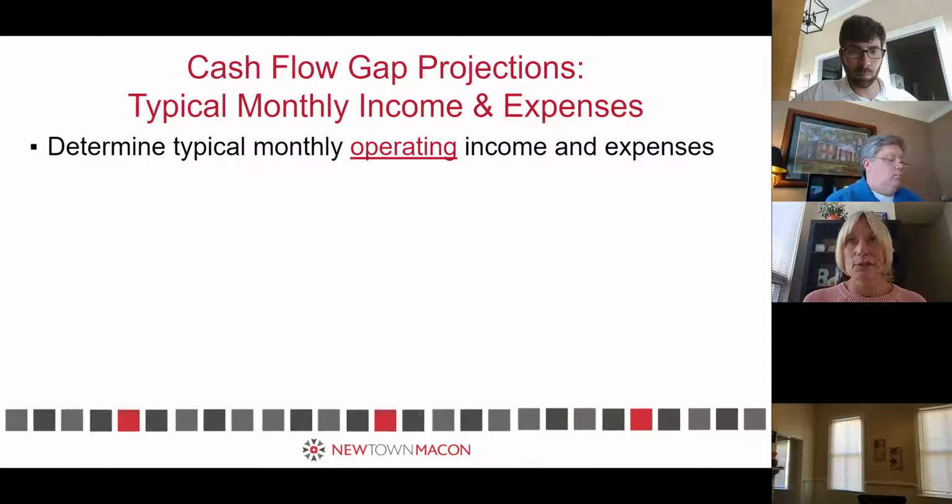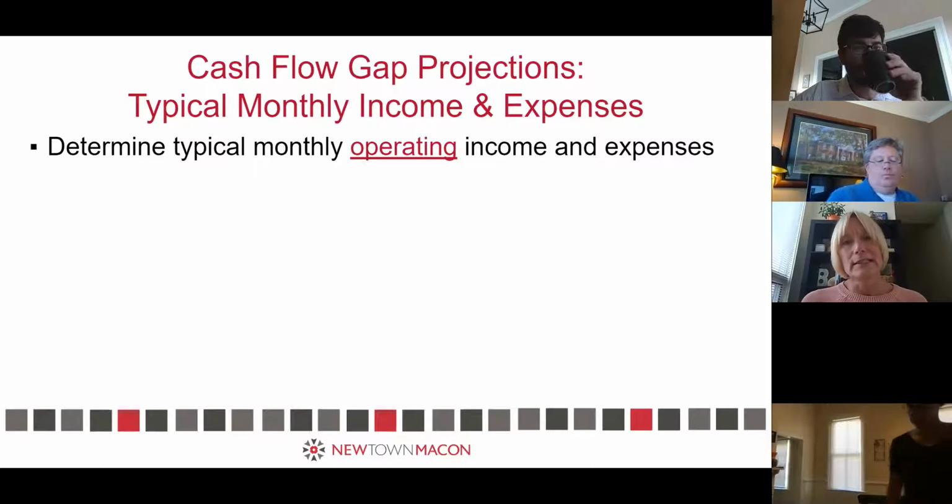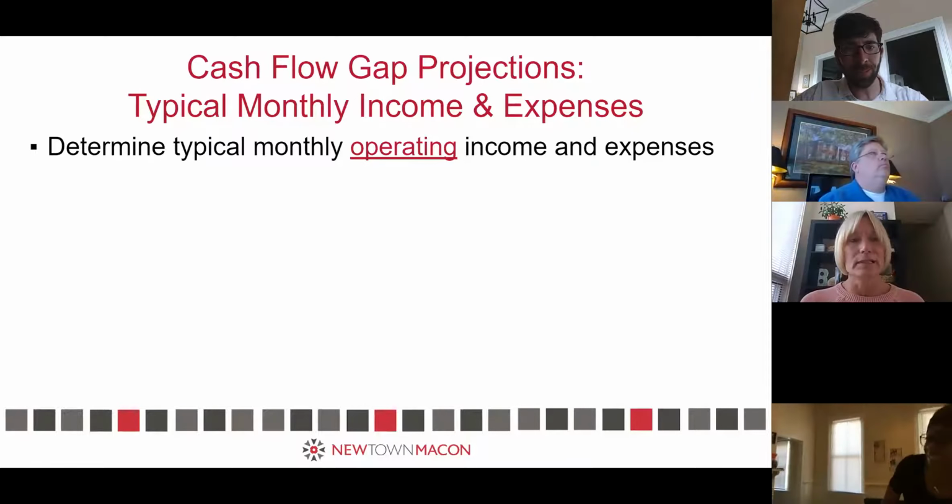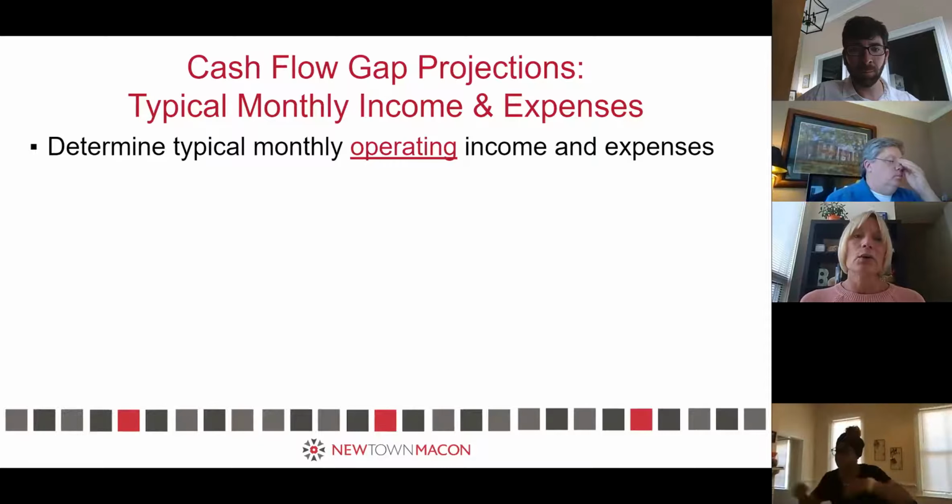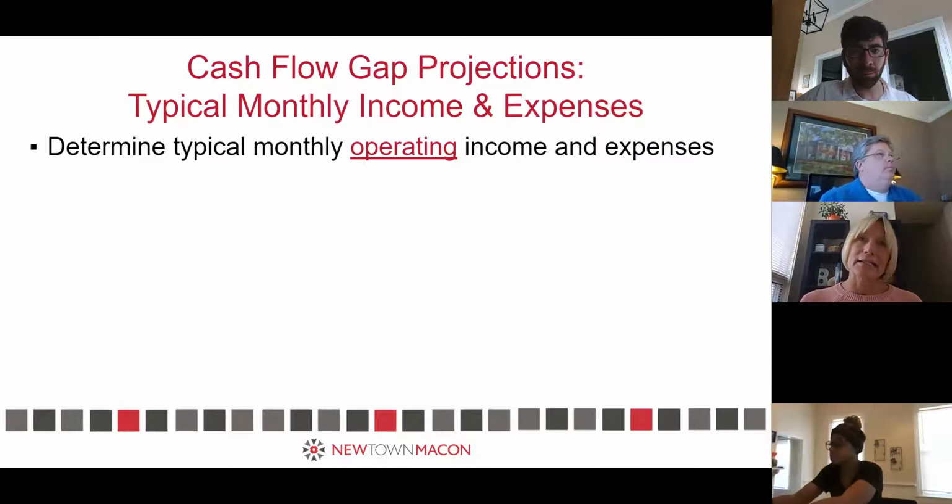What you need to do to get started with this is determine a typical monthly operating income and your expenses. This is either a look back at a couple months before COVID-19 and disruptions to your business and your supply chain, or maybe even look back at this exact same time last year.